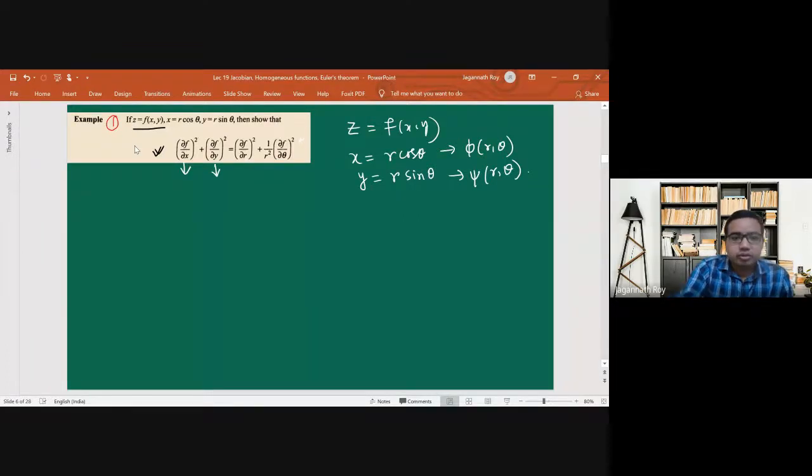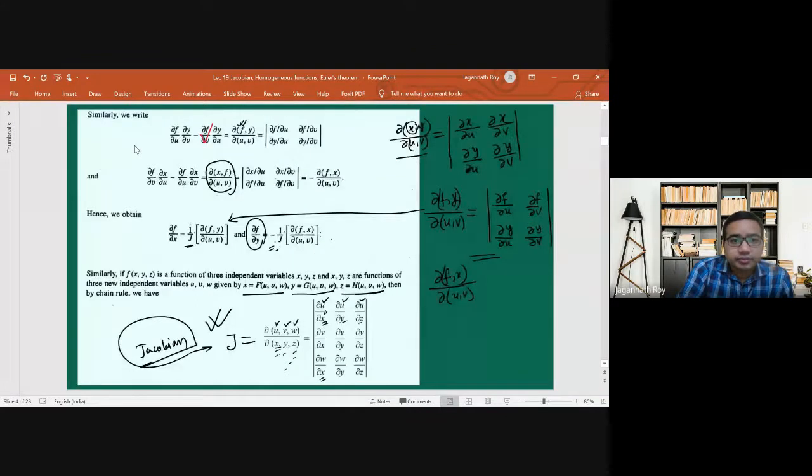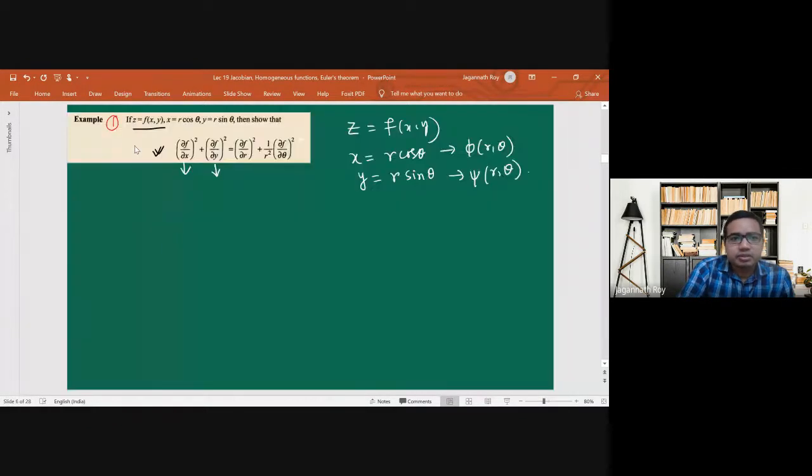So we have to find out del f by del x and del f by del y, with f a function of (u, v).